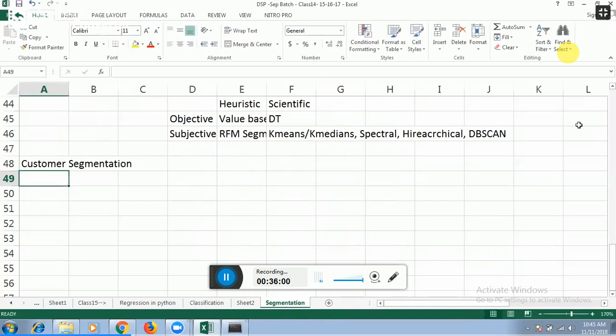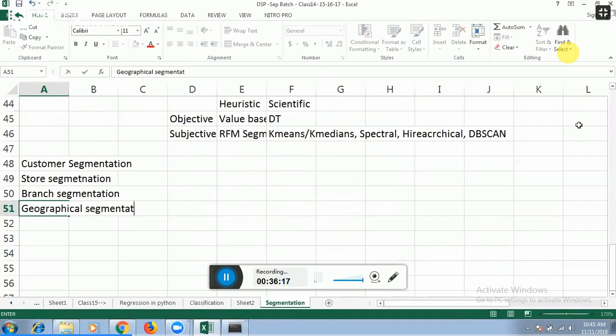Sometimes we do store segmentation or branch segmentation, or location segmentation, I mean geographical segmentation, or product segmentation. You do the segmentation at a different level. It depends on your context.